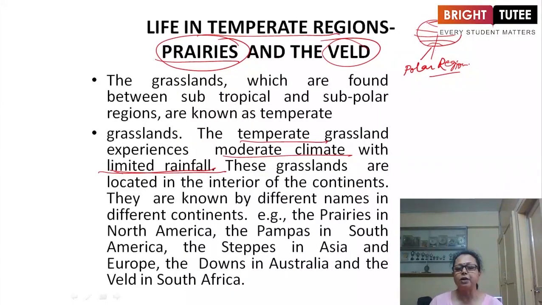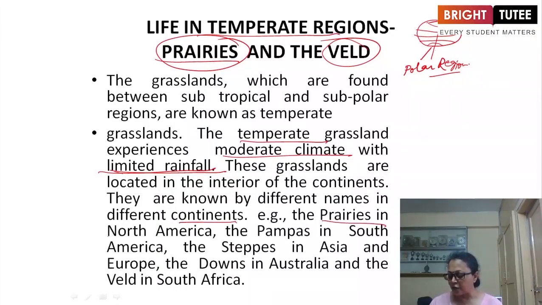These grasslands are located in the interior of the continents. Interior means inside the mainland of the continents, wherever the different grasslands like prairies, veldts are found or grown. They are not on the outskirts, but in the interior of the continent. And they are known by different names in different continents.